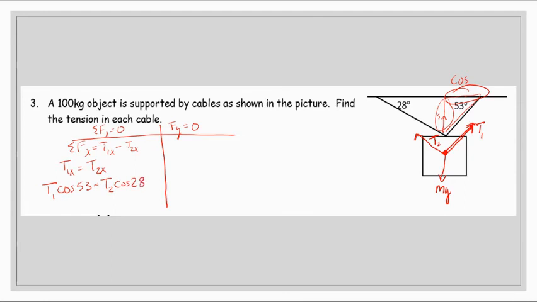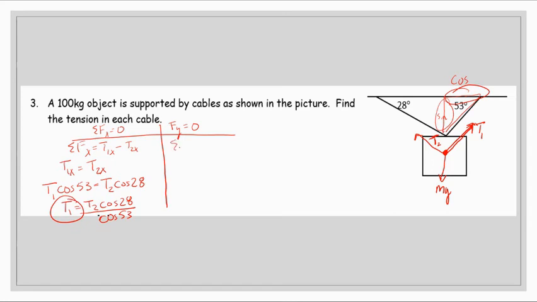So then tension 1 equals tension 2 cosine 28 divided by cosine 53. And I'm going to use this in substitution in my next problem.